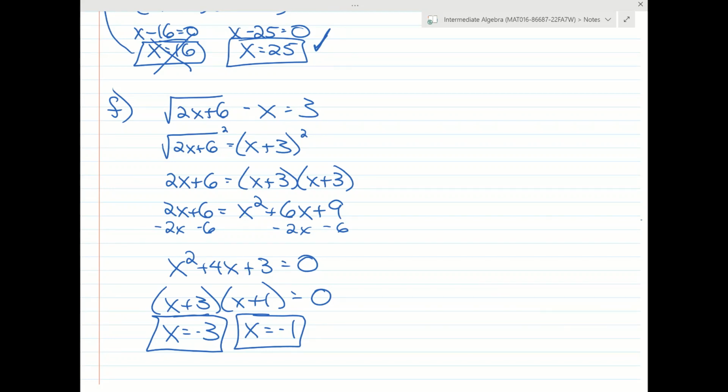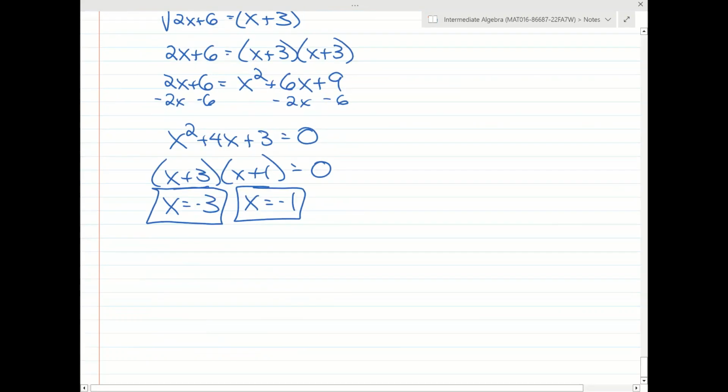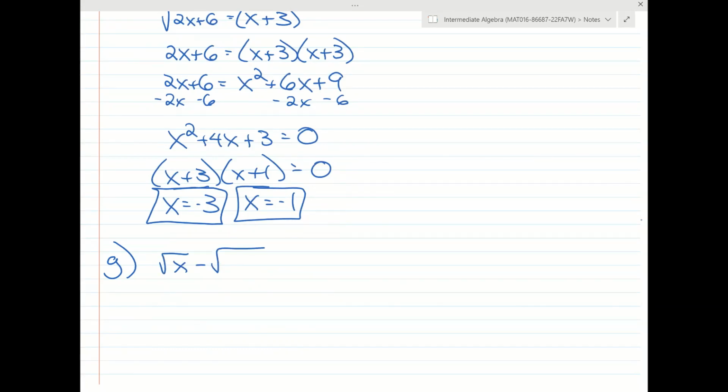All right. Let's see two or three more here to wrap things up. What if we had the square root of x minus the square root of x plus 45 is equal to negative 5?